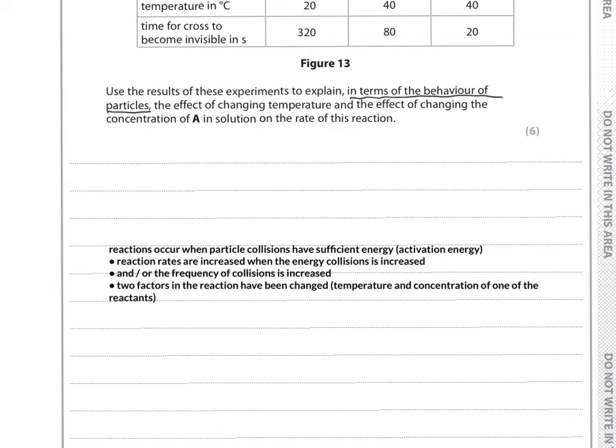So the first thing that you need to include if you're answering a question about how the behaviour of particles affect reaction rate is you need to describe the theory of collision theory, and this is what this is. Collision theory says that reactions occur when particles collide with enough energy, and that energy is the activation energy.